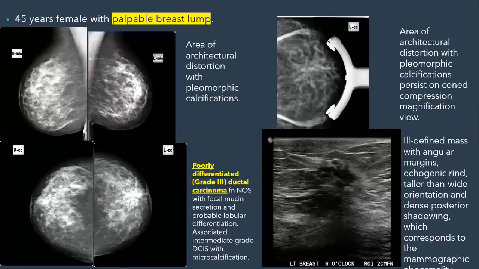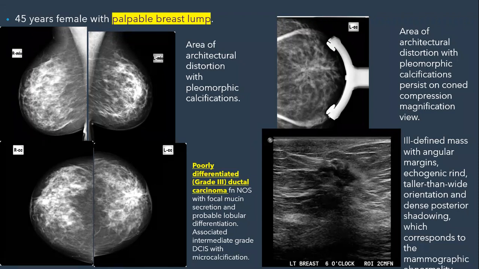Okay, so look at this example. This is a 45-year-old female. Look here, why I highlighted? She has a palpable breast lump. If you have a patient with a palpable abnormality and you could not see a specific abnormality on your imaging, or you could see only a subtle abnormality at the location of the palpable abnormality, take it seriously.